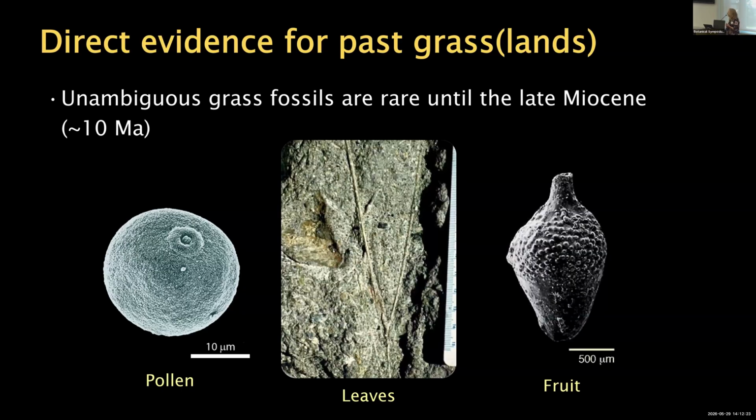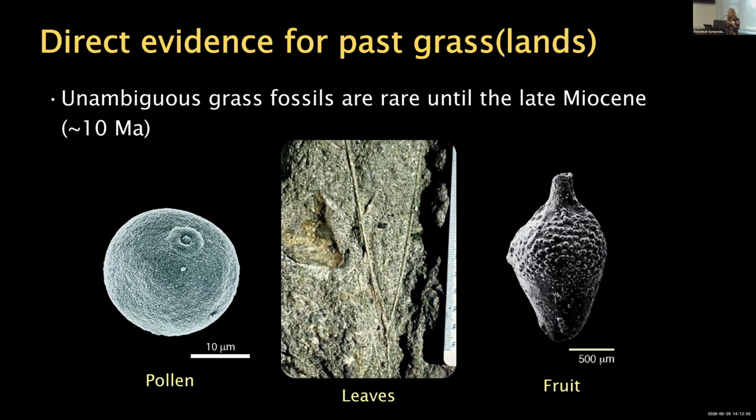Paleobotanists have of course tried to probe the fossil record of grasses, but unfortunately it turns out that this fossil record is a little bit ambiguous, in particular in North America. Grass pollen, for example, have traditionally not been very useful within grasses because grass pollen are fairly uniform, although I will say that the work in the last 5 to 10 years has really started to break this open and make pollen much more diagnostic within the grass family, Poaceae.